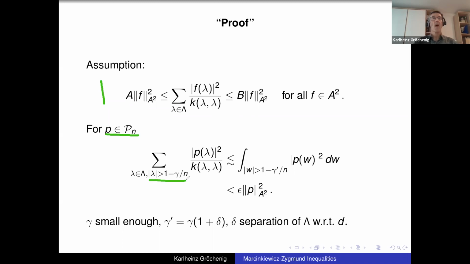So we take all points outside this disk of radius 1 minus gamma over n. So always the degree tells you which radii to choose. So we use the tail estimate, and choosing gamma large enough, small enough, we can control this part of the entire sampling set by epsilon times the norm of the polynomial in Bergman space.